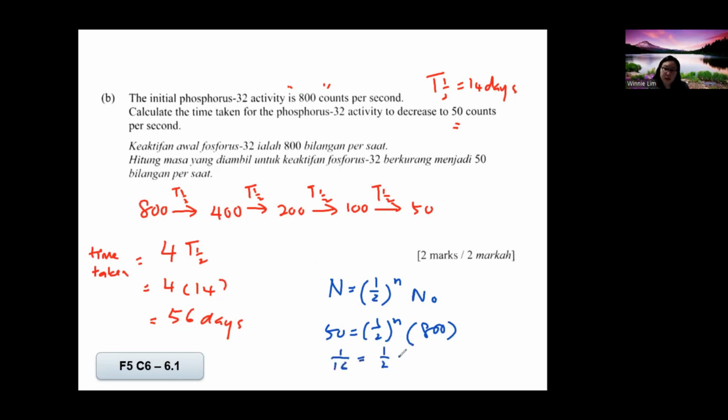You simplify, then make both sides equal. So 1/2 to the power of 4 equals 1/2 to the power n. This little n is the number of half-lives, so again you get n equals 4. Then you fall back to this one. You can use this way for 2 marks, or the arrowhead way for 2 marks. Hopefully you all know how to calculate already.